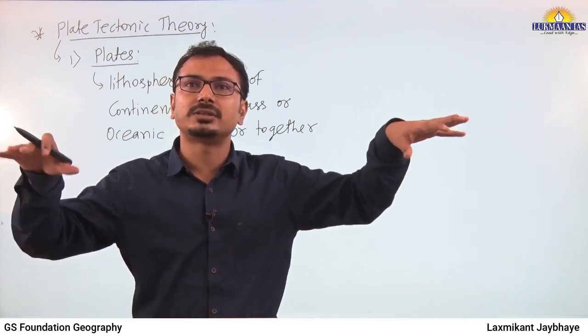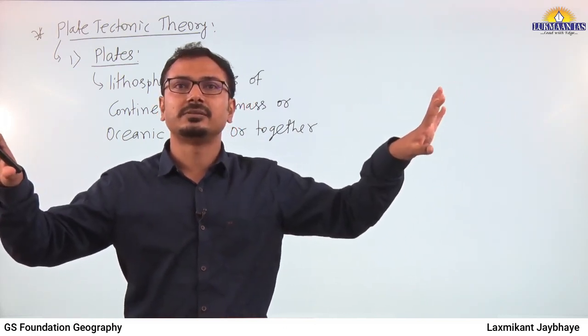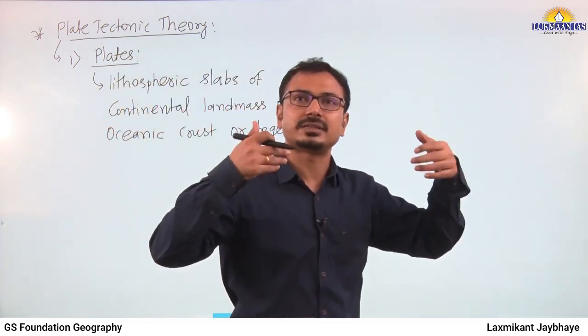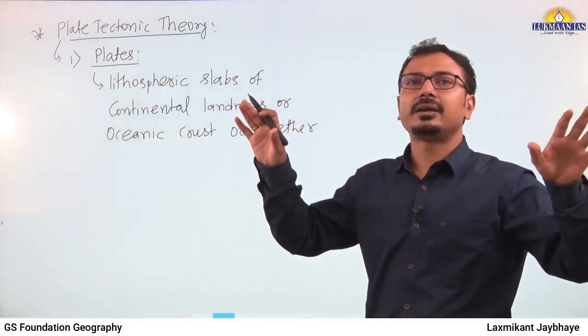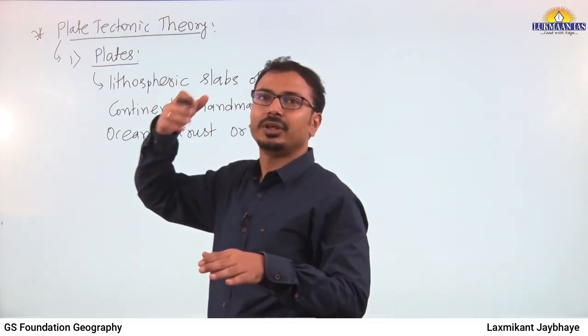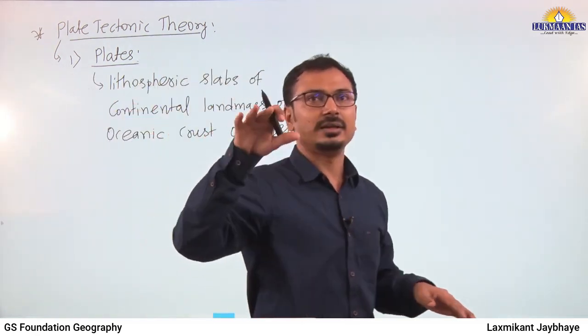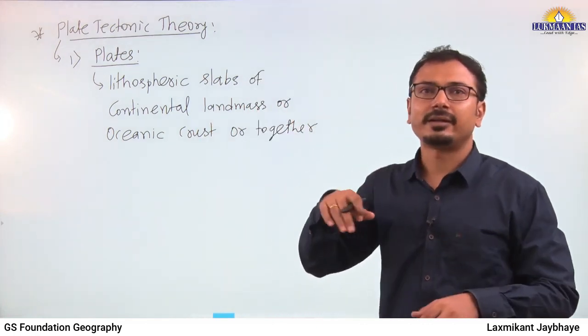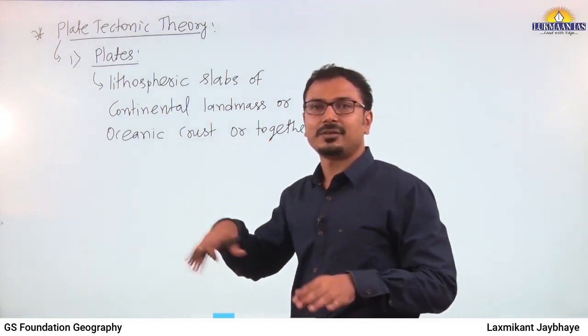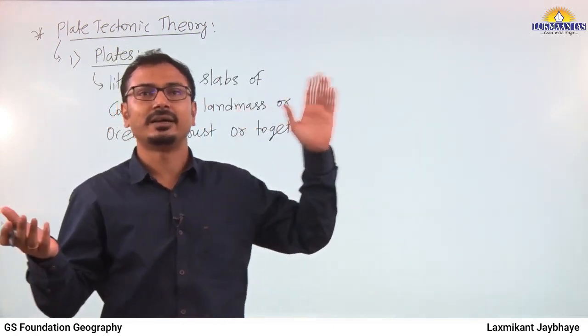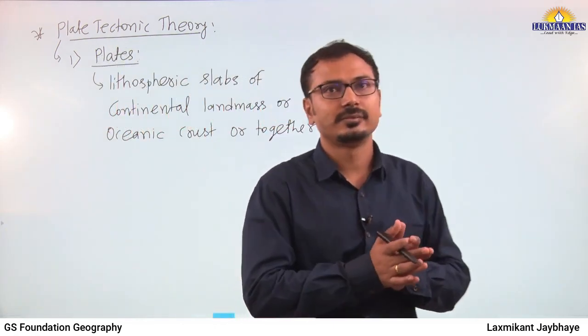Continents and oceans as separate landmasses, and he considered that Sial is floating over Sima. That means continental masses are floating over oceanic crust. Something like that he assumed.